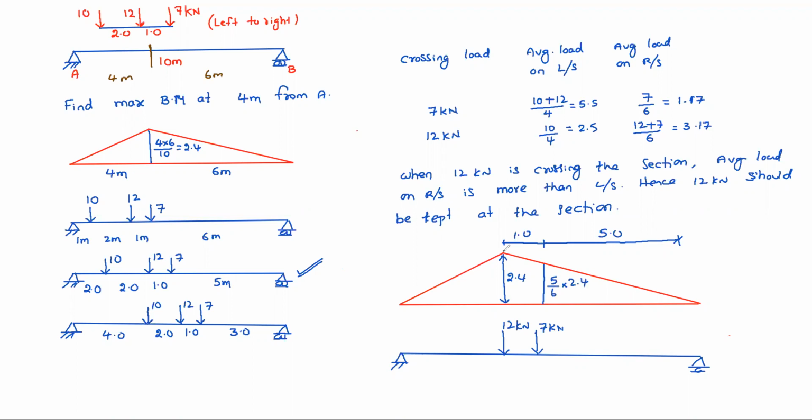Then 2 meters left, here the load is 10 kilonewtons. Obviously, the height will be half of 2.4, that is 1.2.